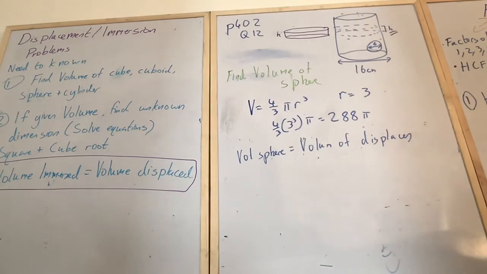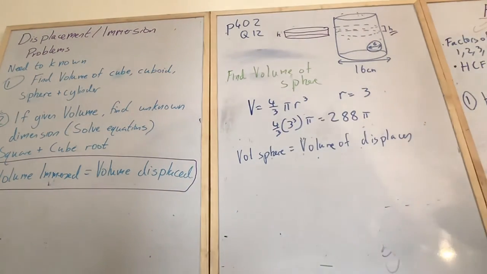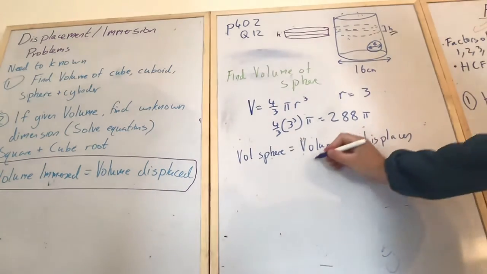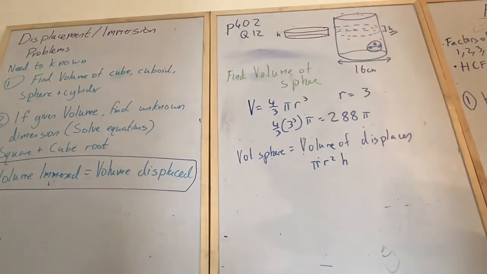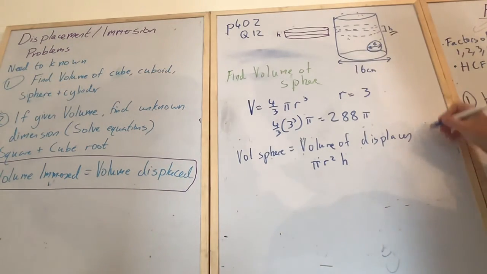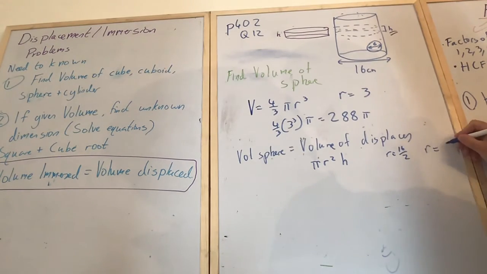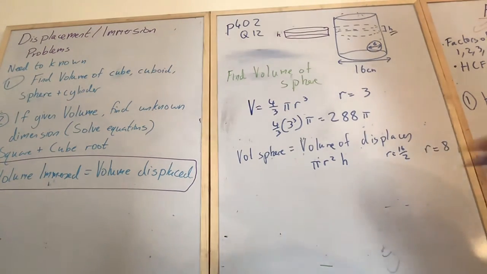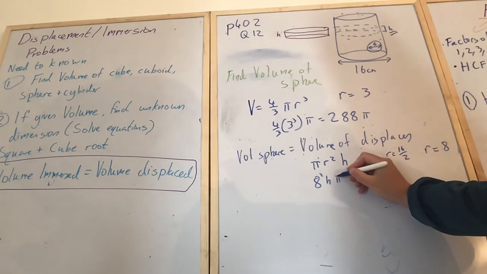We remember that our volume of a cylinder formula is pi r squared h. As we said earlier on, we're going to leave pi as pi. The radius of this cylinder is 16 over 2, so your radius is 8. So you have 8 squared h by pi.